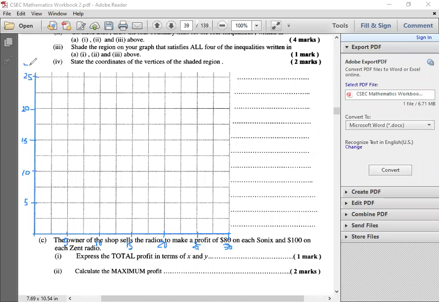This is Y and this is X. So I've labeled my axes.